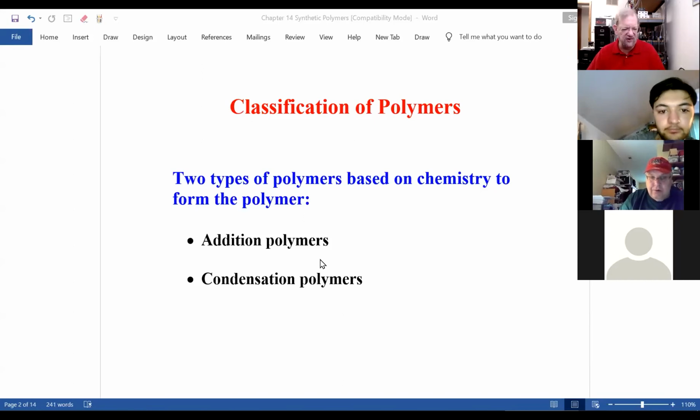One is an addition polymer, and the other is a condensation polymer. Again, based on chemistry, of all polymers, you can break them down into two groups: addition polymers and condensation polymers. Come to think of it, all the work I've done in polymers have been addition polymers.